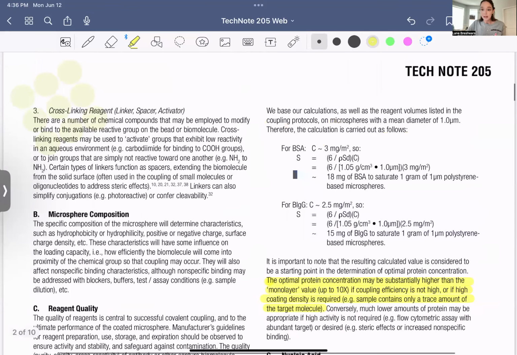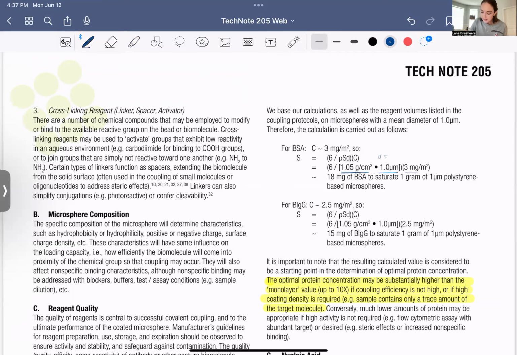So it gives a couple good examples of using the equation. It's an easy equation. I'll point out here that this density you would get from the manufacturer. This here is the diameter of the microsphere. So they're using microspheres of 1 micrometer. I often used 500 nanometers, so this would be a 0.5 instead for 500 nanometers.